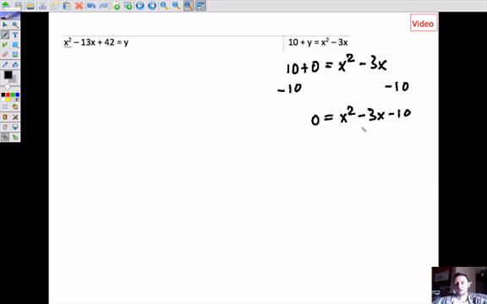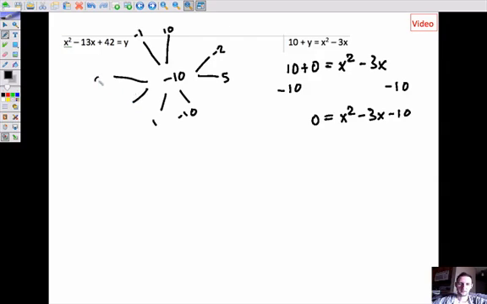Then I need to factor it, so I'm going to look at the factors of negative 10. And I could have 1 and negative 10, negative 1 and positive 10, negative 2 and 5, 2 and negative 5. So part 2 is look for which pair of factors over here will give me negative 3 when I add them together.